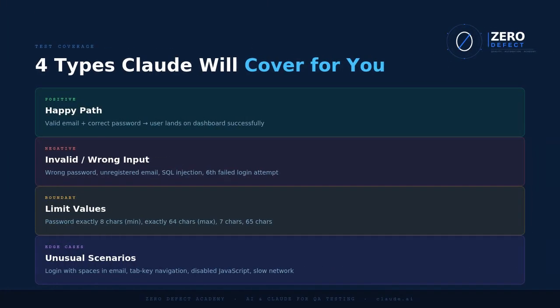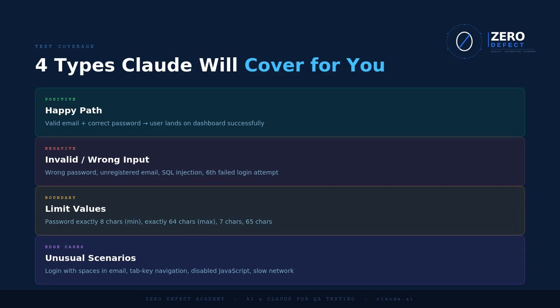Let's talk about the 4 types of test cases Claude is going to generate for you, because this is where a lot of manual testers leave gaps. Positive tests, the happy path, confirm the system works when everything is correct. Negative tests check what happens when it goes wrong. Wrong password, unregistered email, injection attacks.